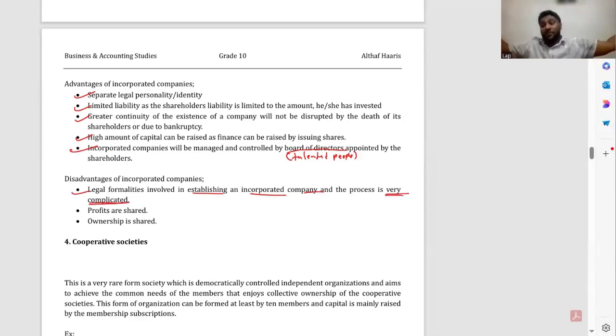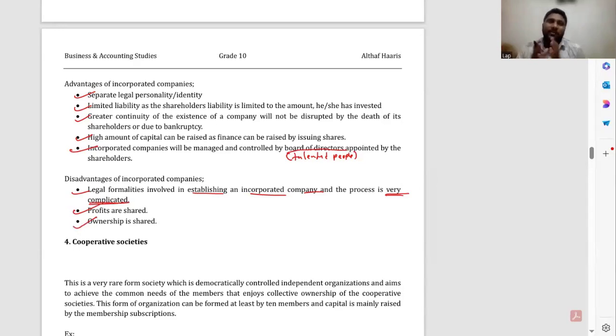Here a lot of owners and shareholders are there, so profits are shared, and ownership also. Can I claim Dialog as my business? Can't. It's our business. So these are certain disadvantages of incorporated companies.